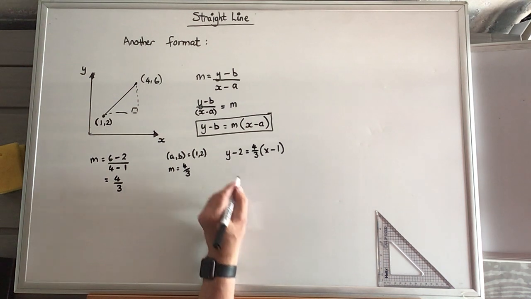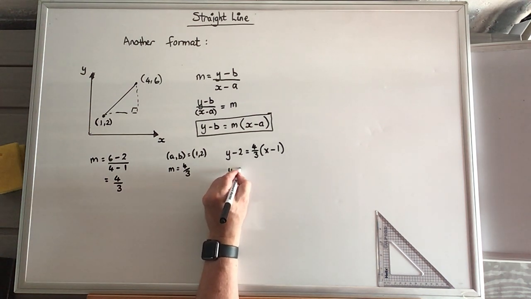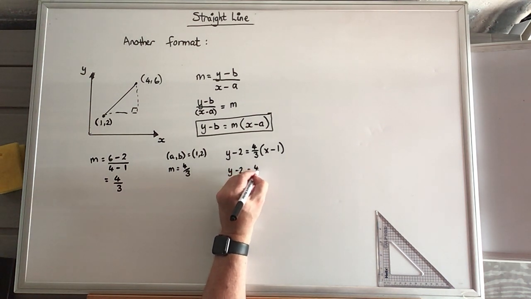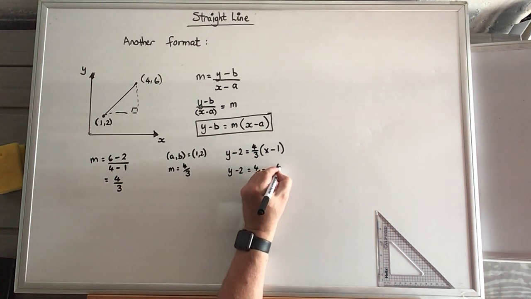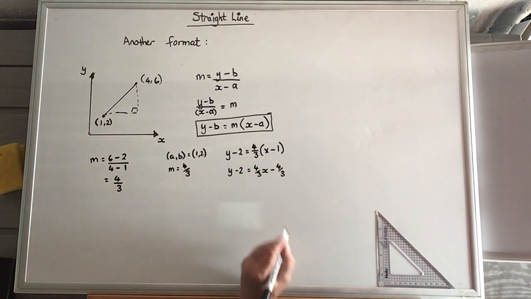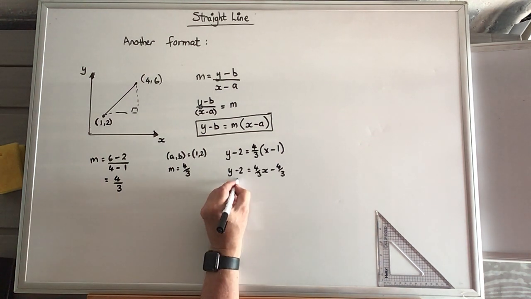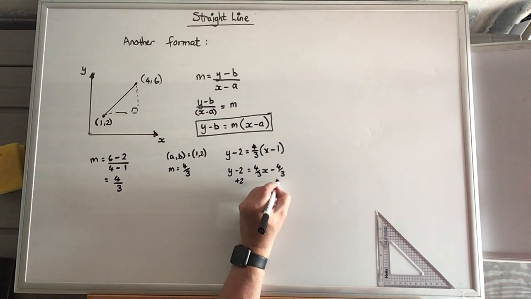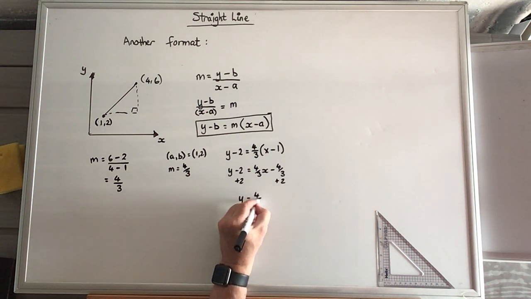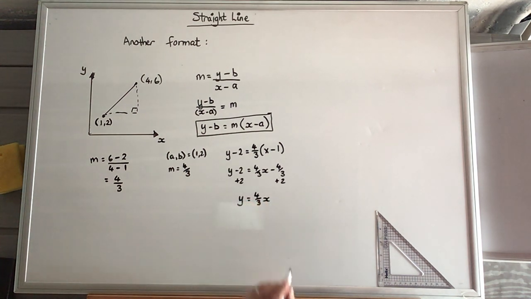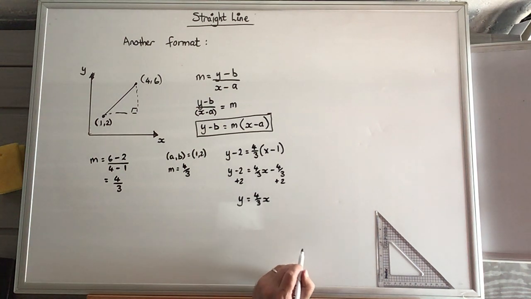And so if we just rearrange all that, we're going to have y minus 2 is equal to 4/3 x minus 4 over 3. Add 2 to both sides, so I'm going to add 2 onto here and add 2 onto here. So y is going to be equal to 4 over 3 x, and this bit here, minus 4 over 3 plus 2.